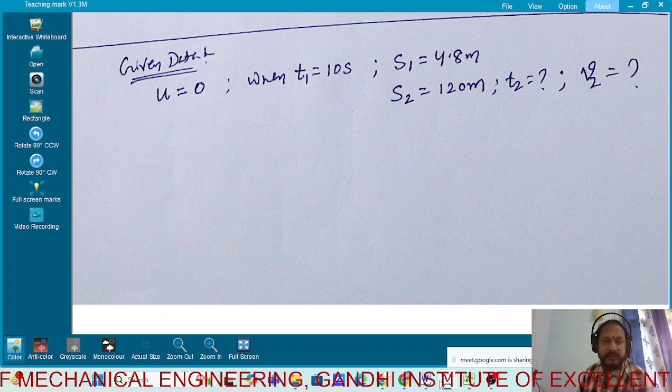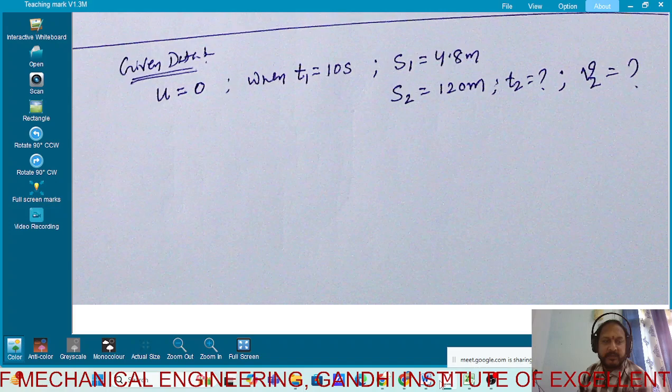Next, which data are we going to take similarly? Similarly, for this data, we are going to take the same equation. S is equal to ut plus half at square. Now, what is S here in the second case? 120 meter.